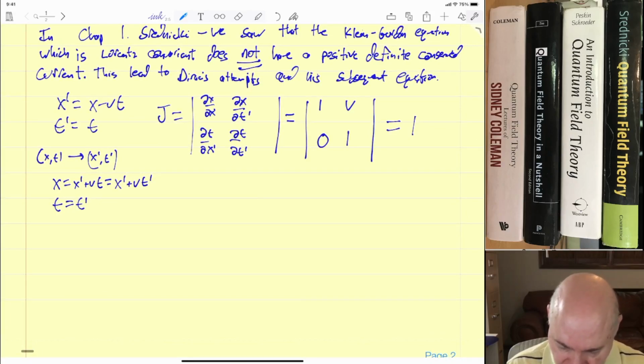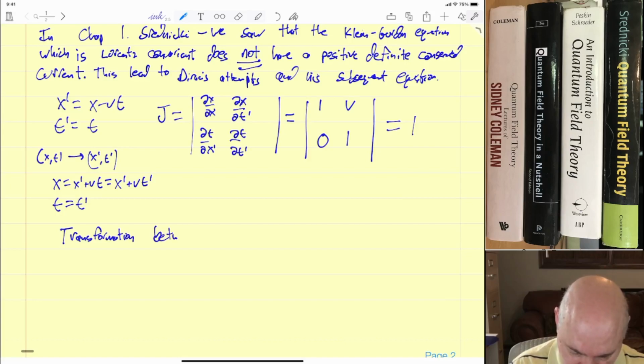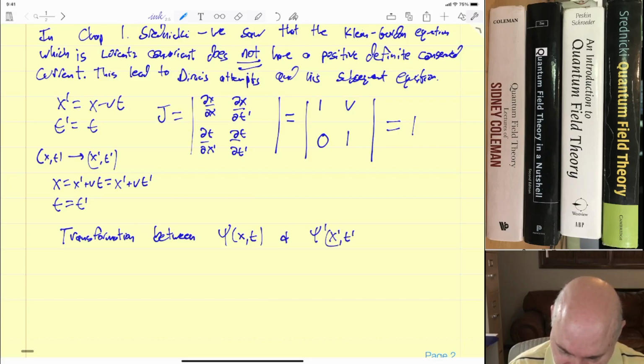Now, what we want to achieve is a transformation between psi of x comma t, which is what we use in one reference frame, and psi prime of x prime, t prime, which is what we use in the other reference frame.